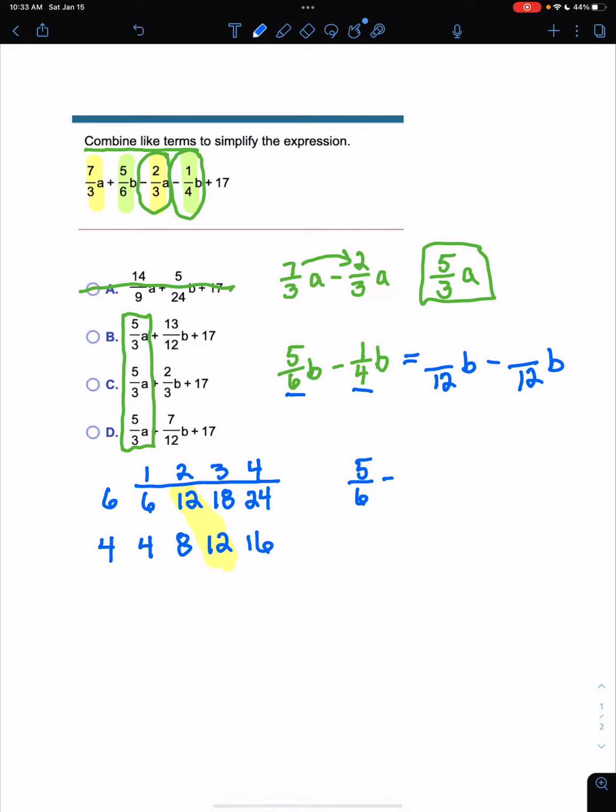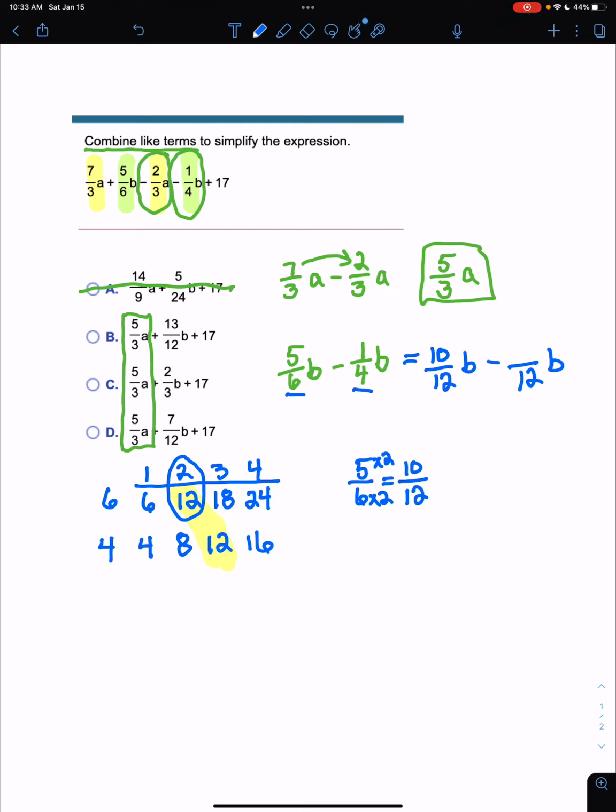Now, how do we change sixths into twelfths? If we want to change sixths into twelfths, we multiply the denominator by 2. That's what we see here. So we want to have an equivalent fraction, so we also want to multiply the numerator by 2. So we end up with 10 twelfths instead of 5 sixths.